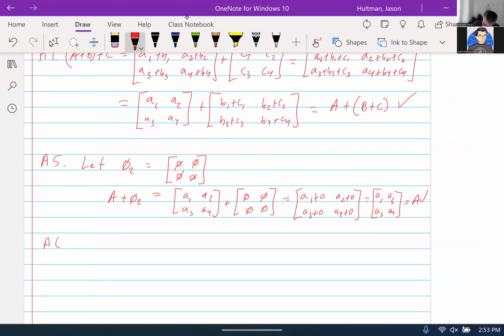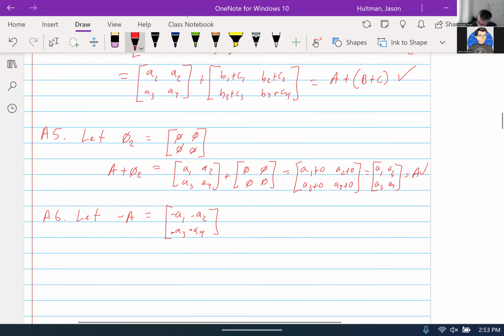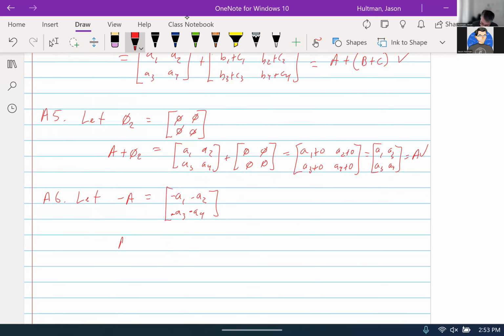Okay, A6. Let negative A equal the negation of A1, A2, A3, A4. Okay, and then is A plus negative A, does that equal 0, my zero matrix?